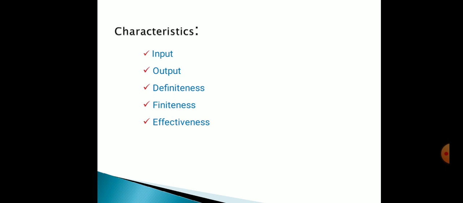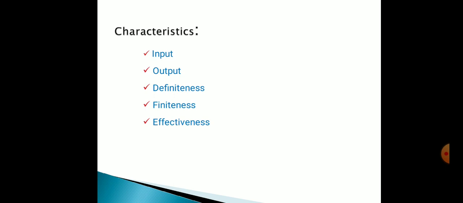And finiteness: the steps we are developing in the algorithm should be finite in number, meaning after a certain number of executions, the algorithm has to terminate. Effectiveness specifies how easily the steps in the algorithm are converted into a program and how the logic can be easily understood by other persons.